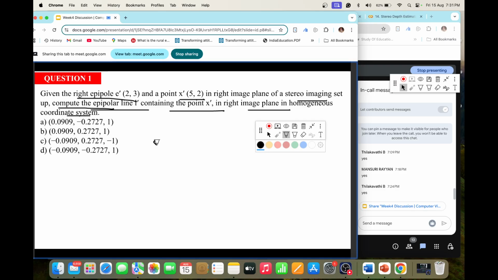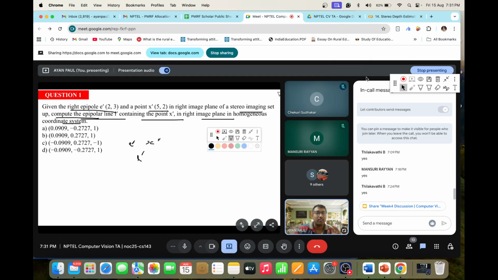So we have E dash and we have X dash. So can we find the L dash? Can anyone answer how we can find L dash with E dash and X dash?